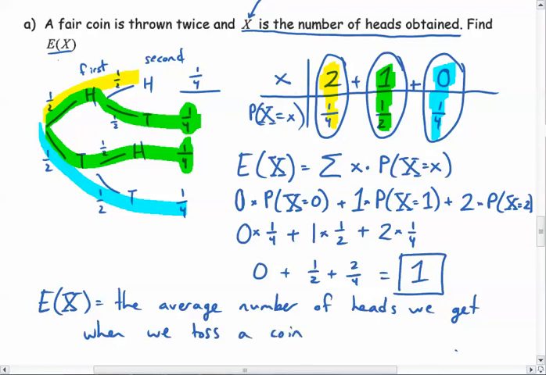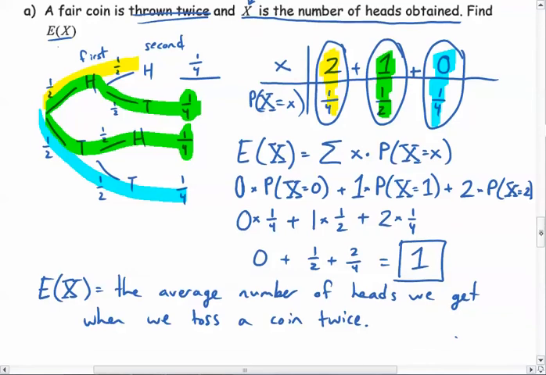How many times? Twice. So if we toss a coin 2 times, we expect that one of them will be heads. Because on average, we're probably going to get 1 tail and 1 head if we throw the coin twice. So that really makes sense.